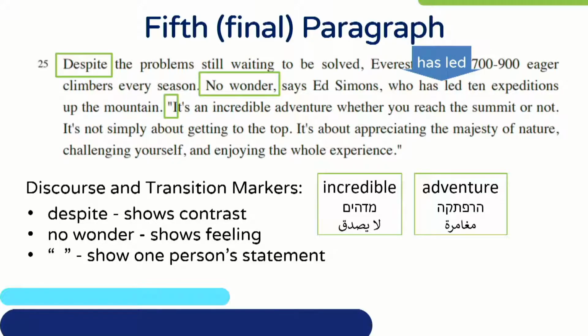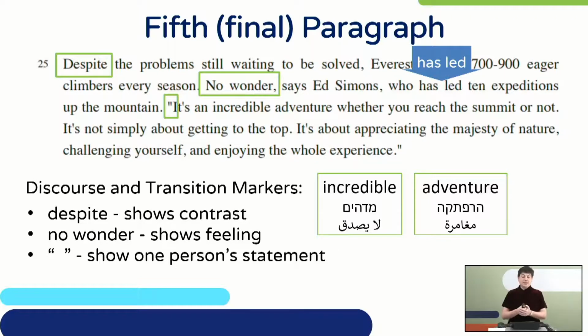This phrase, "who has led 10 expeditions up the mountain," tells us more information about who Ed Simons is and why we should care about what he has to say. He has something important to say, and we should listen to him because he's already led 10 expeditions.